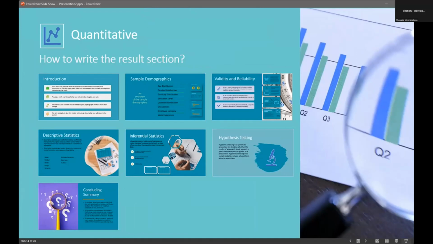You can present the hypothesis and state what you are going to reject, or what you are going to accept. Then you can provide a very small, brief concluding summary for the section. So that's how you should write the results chapter of your quantitative analysis or quantitative research. So that's the idea.